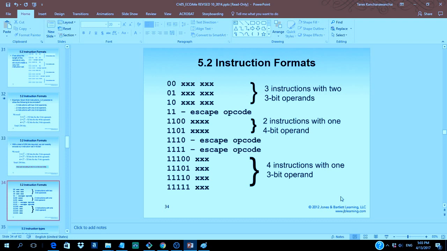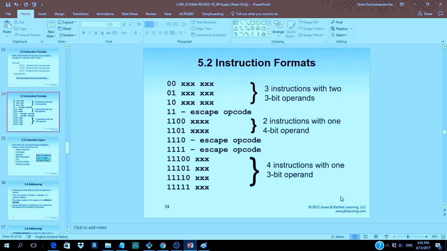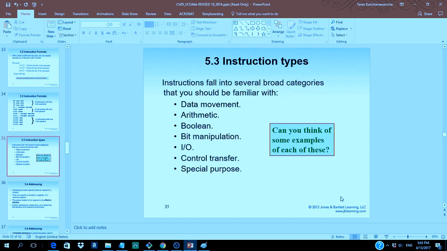So this is the same explanation, right? Instructions fall into several broad categories: data movement, arithmetic, Boolean, bit manipulation, I/O, control transfer, special purpose. Can you think of some examples of each of these?